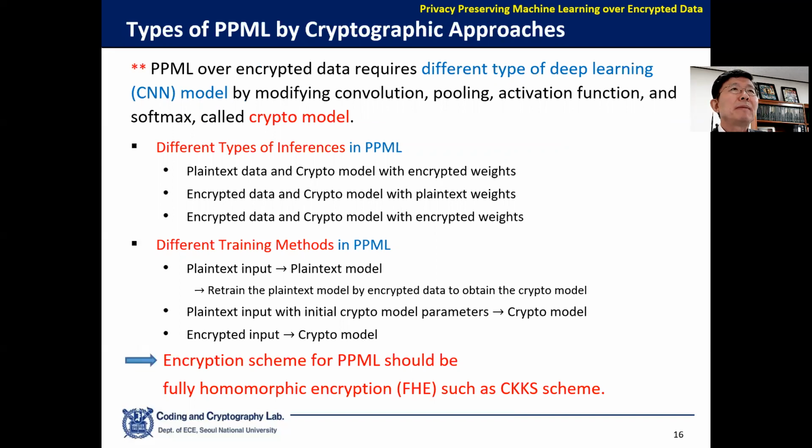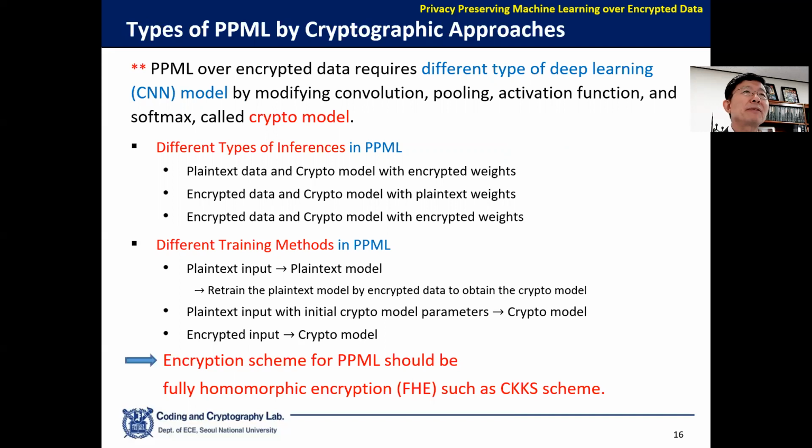Types of PPML by cryptographic approach. PPML over encrypted data requires a different type of deep learning CNN model, by modifying convolution, pooling, activation function, and softmax. We call it the crypto model for CNN.